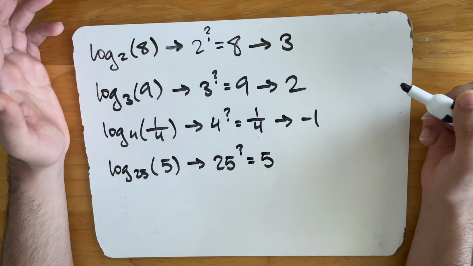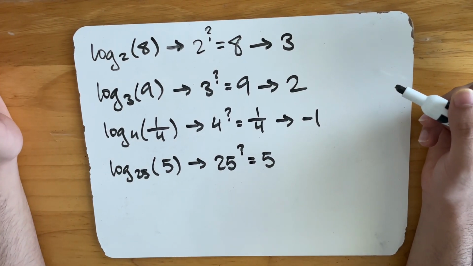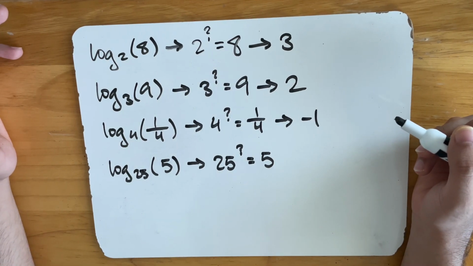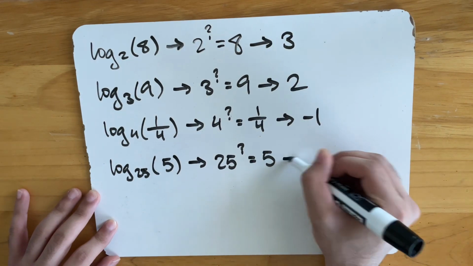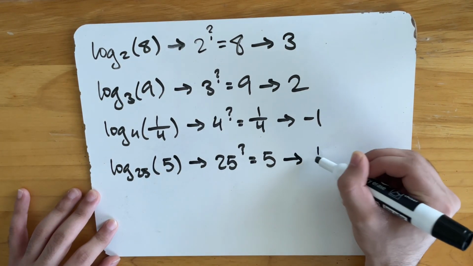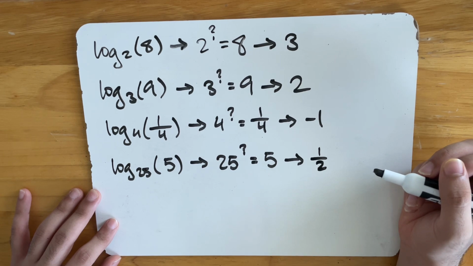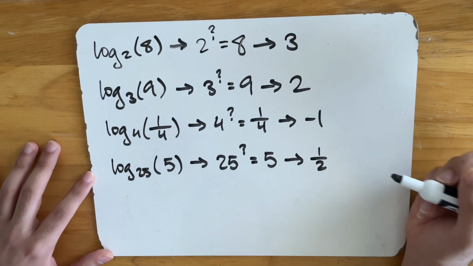So first you notice the relationship. You see that the square root of 25 is equal to 5. You know that square roots mean raised to the power of 1/2. Roots mean fractional powers. So you say, 25 to the 1/2 power is equal to 5, right? Because the square root of 25 is equal to 5. So log base 25 of 5 is equal to 1/2.